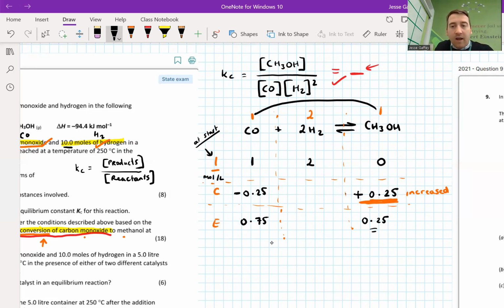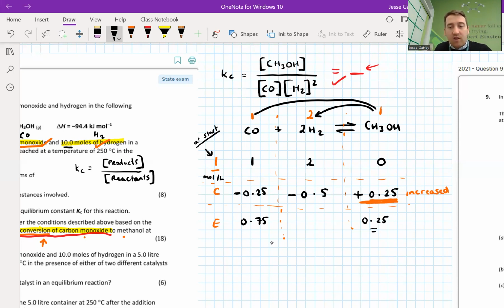This other one has a 1-to-2 ratio, which means that if this is going up by 0.25, this one will go down by twice that number, so minus 0.5. So now we've got the whole change line worked out, and most of the equilibrium concentrations.